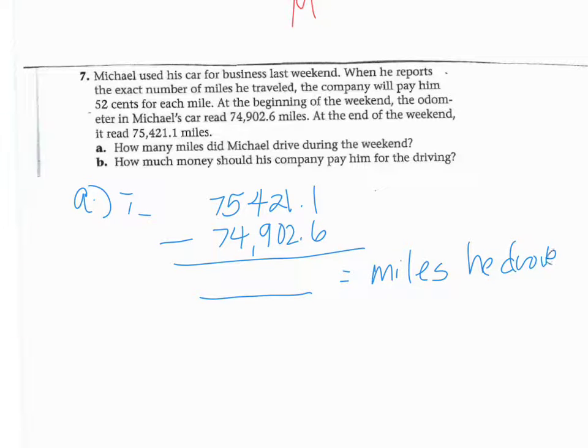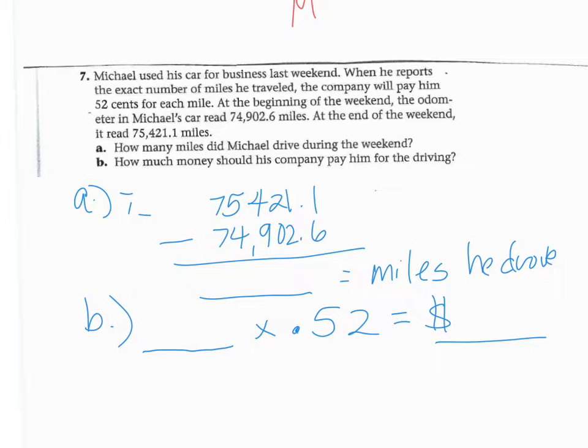Now for B, it says how much money should his company pay him for driving. That means you have to take what you came up with for A. We're just going to draw a blank there because I can't do it all for you, right? And we're going to multiply that times 0.52. And that will equal your total amount of dollars and cents that Michael needs to receive from his company for his driving over the weekend.